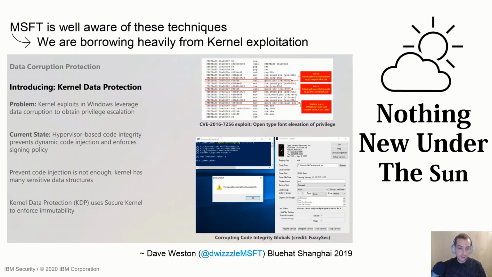And we can see a slide here from Dave Weston that he presented at Blue Hat Shanghai 2019, where he talks exactly about what we've been discussing here, right? If you look at the problem state here, kernel exploits on Windows leverage data corruption to obtain privilege escalation. That's essentially what we've been doing throughout this entire presentation.